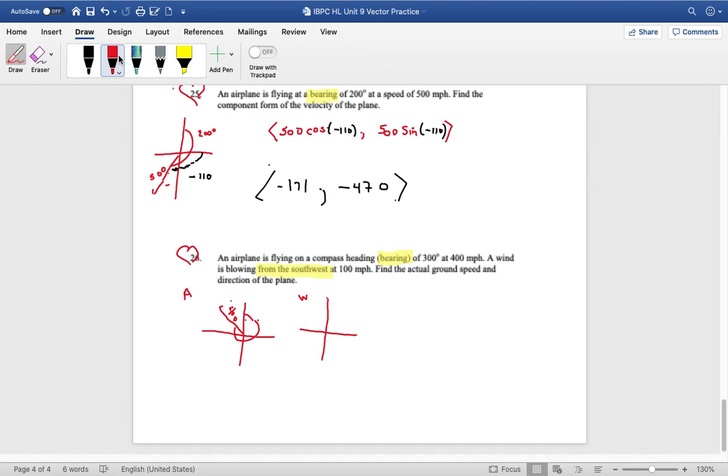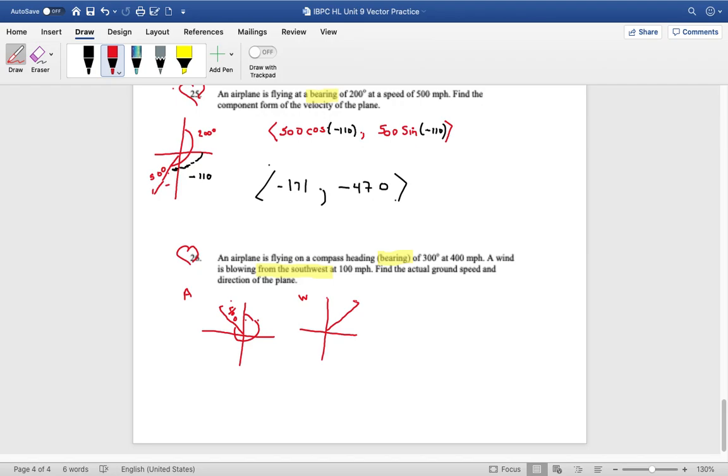I wouldn't phrase it like this, but if it is blowing from the southwest, what effect is that on your airplane? Northeast, which is a little bit mean, I think. If they're going to write the word southwest, I first drew this problem as down and to the left, south and west, but from the southwest means the effect on my plane is pushing it northeast.